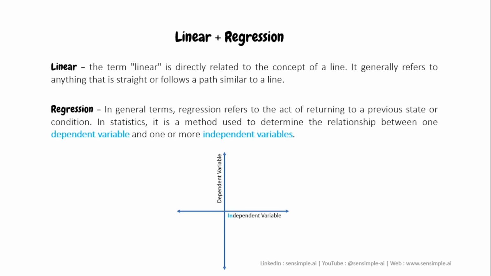Alright, so we have a general understanding of the jargons needed to get started with linear regression. We understand what is linear, what is regression, what is an independent variable, and what is a dependent variable. And with this, we are absolutely ready to get into our lab.